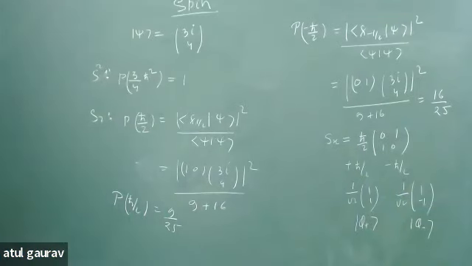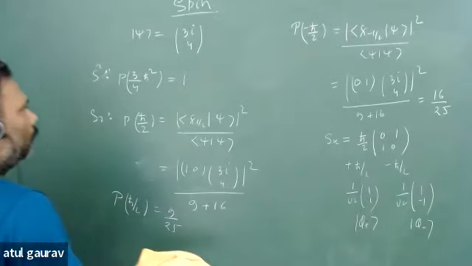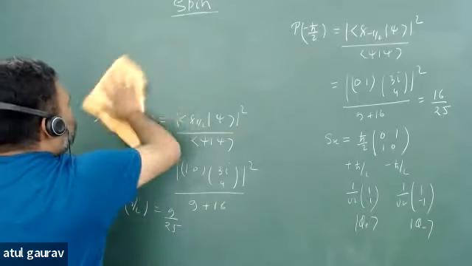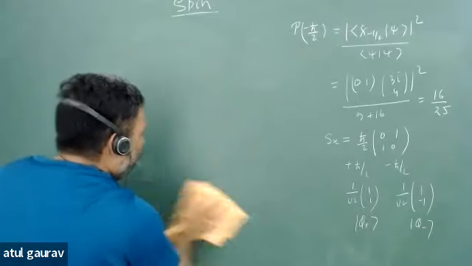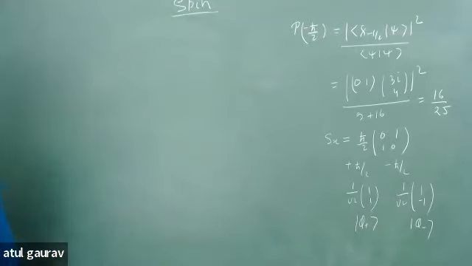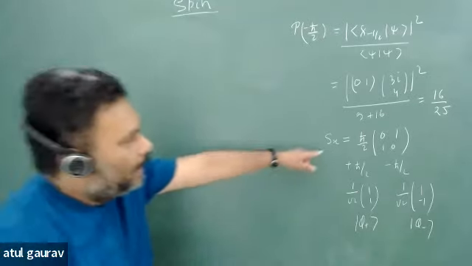Yes. So now we have to go for the probability of measurement of plus h cut by 2 and minus h cut by 2 if we are going to measure the Sx operator.